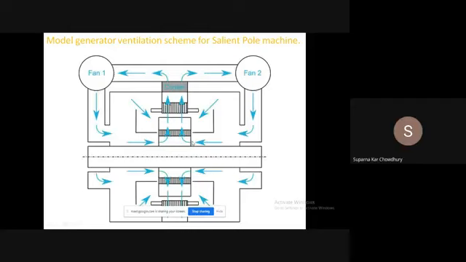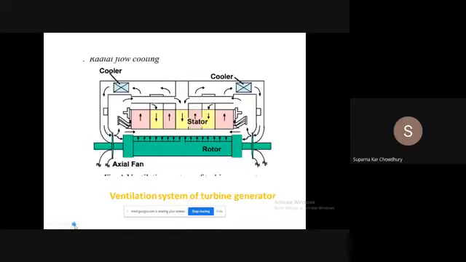Normally the air is let in from both sides, and this one is for a salient pole machine. Similarly, this is for a turbo alternator. The length is large, so the air is let into the air gap from both sides, and in both the rotor and the stator there will be radial ducts.